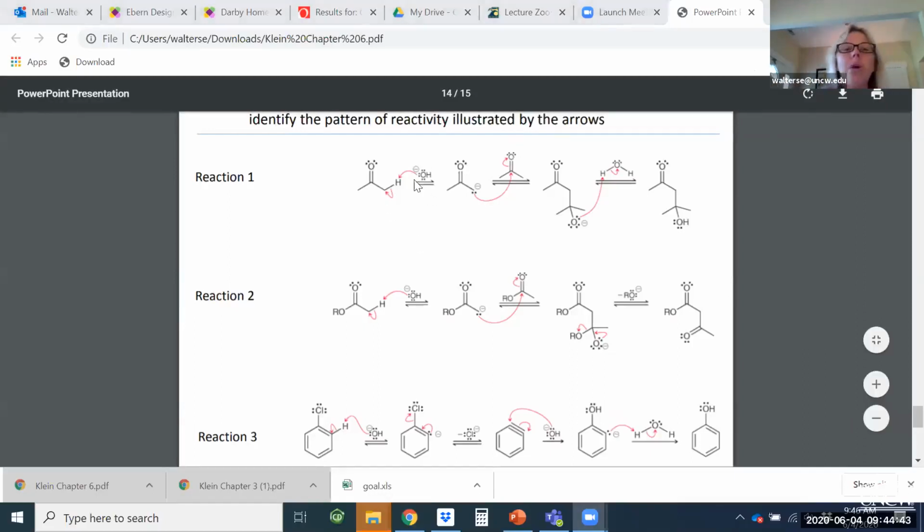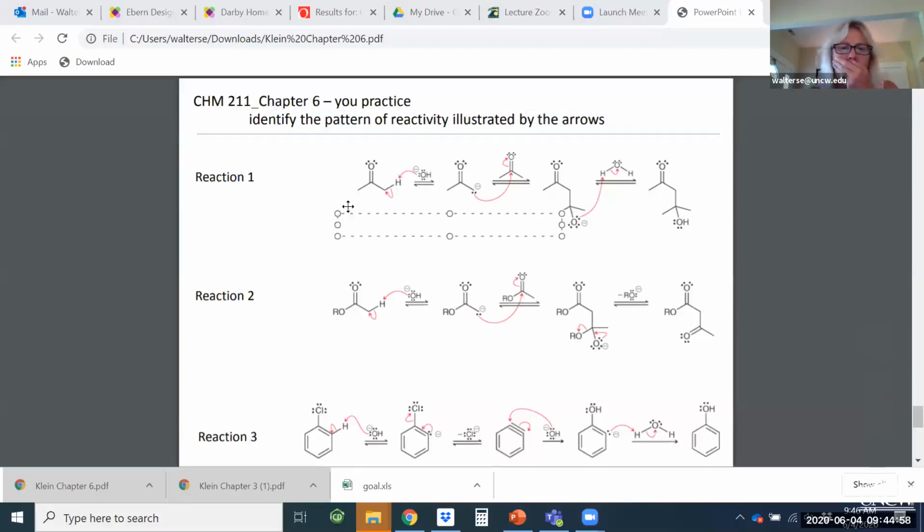Okay, so step one, if you look at what's happening, there's a lone pair of electrons going to take a hydrogen, but that hydrogen is not taking electrons with it, so it's proton transfer.